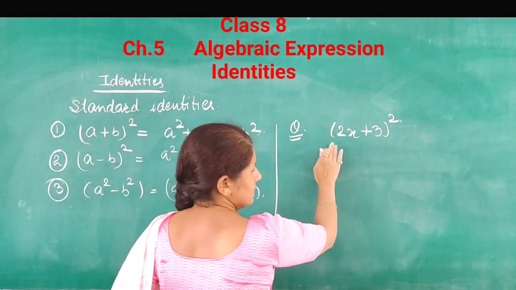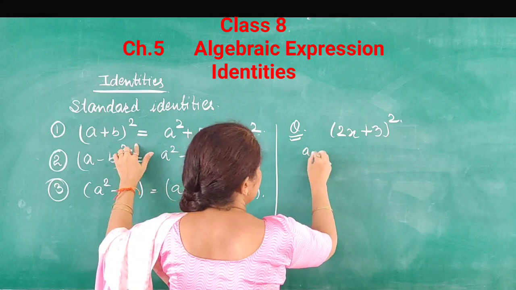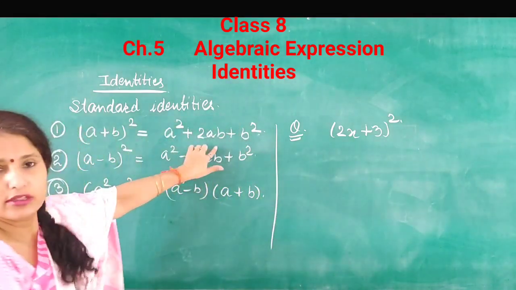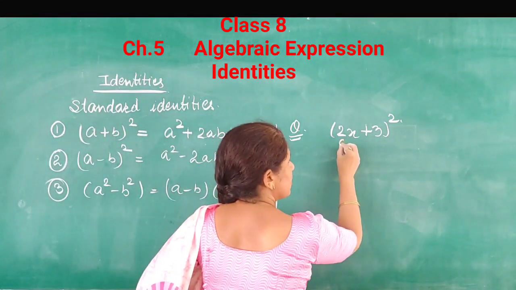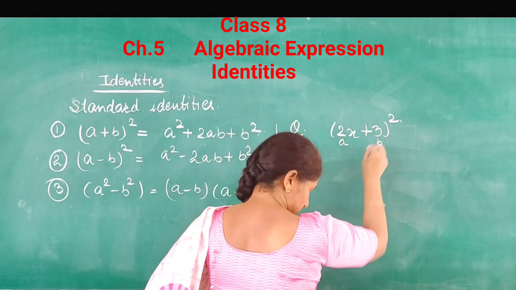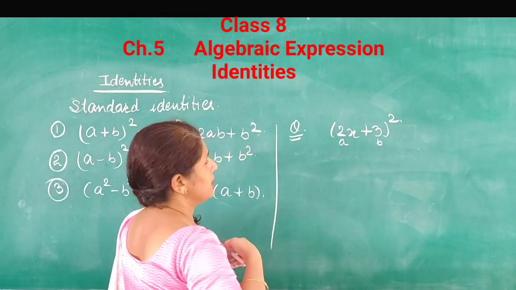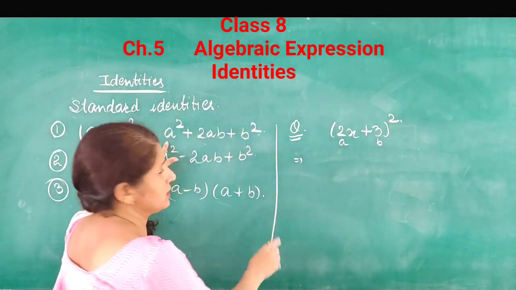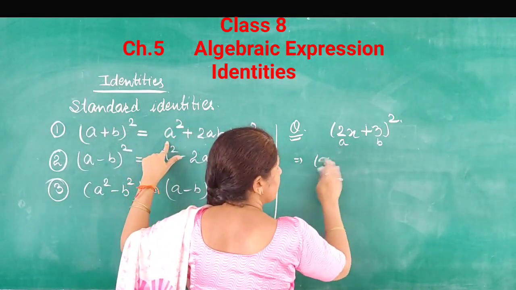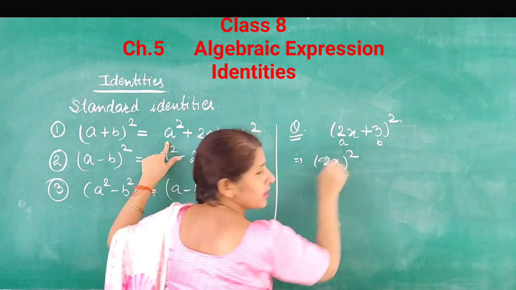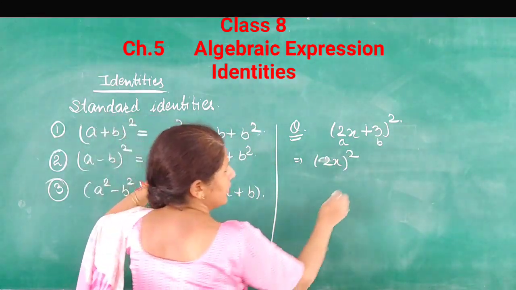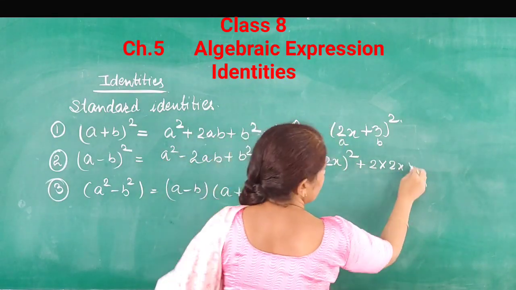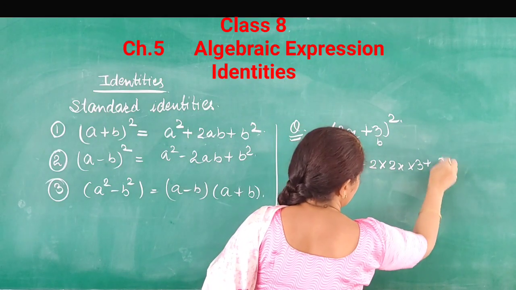In this question we apply the identity a plus b whole square. Here it is a, it is b. First, a square means 2x whole square, now plus 2 into a into b plus b whole square.